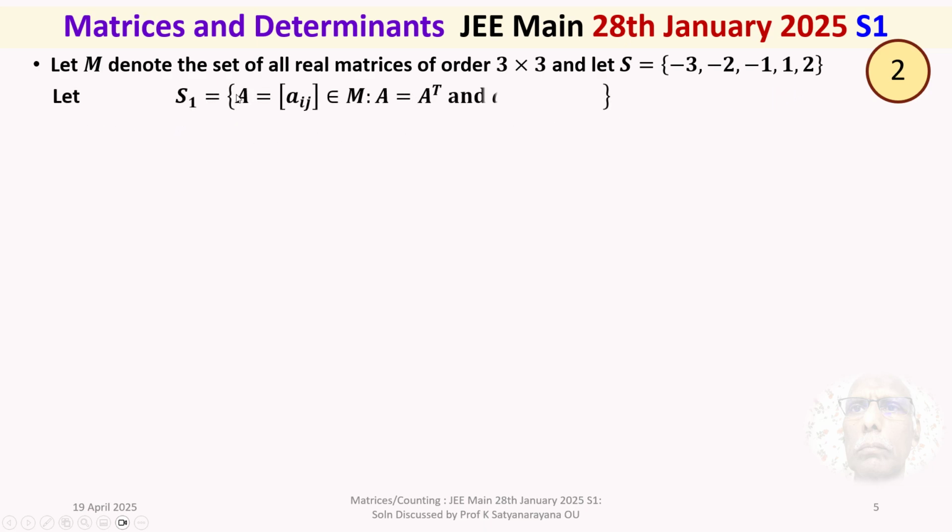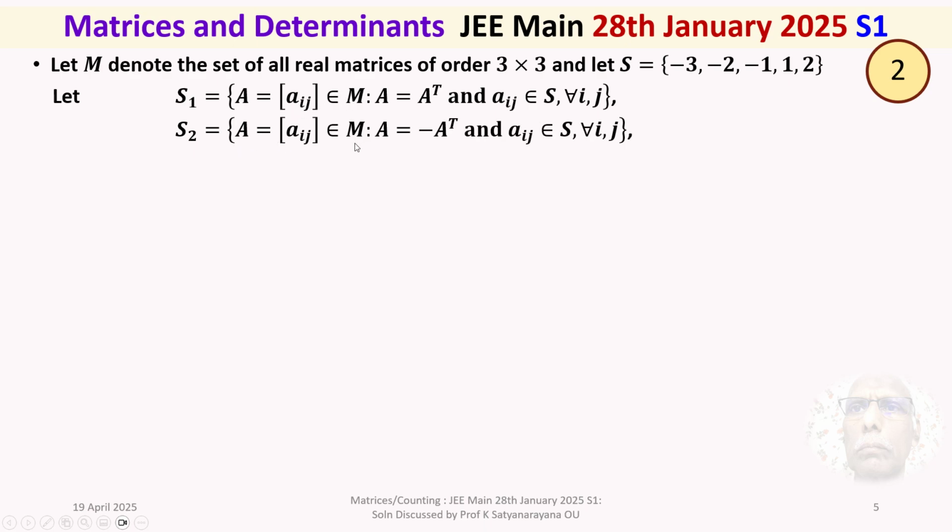Let S1 be the set of all matrices from M which are symmetric, A is equal to A transpose and Aij belongs to S for all i, j. Let S2 be the set of all matrices coming from M which are skew-symmetric, that is A is equal to -A transpose and Aij belongs to S for all i, j.